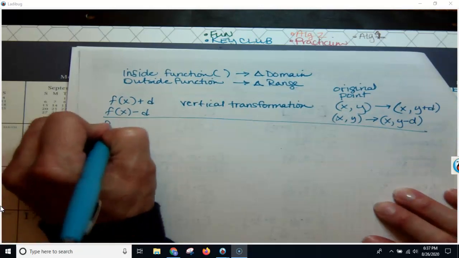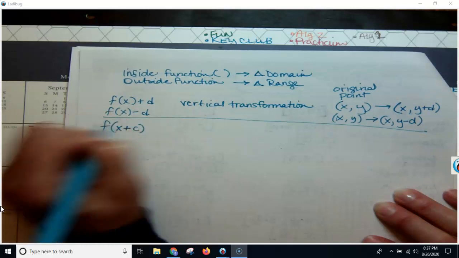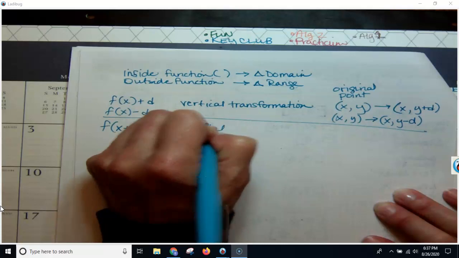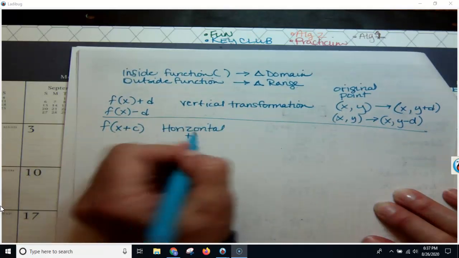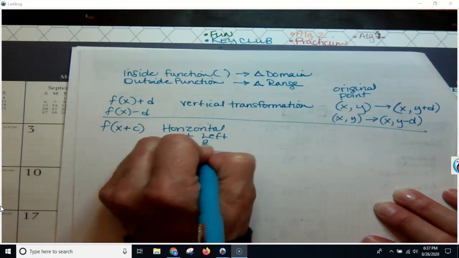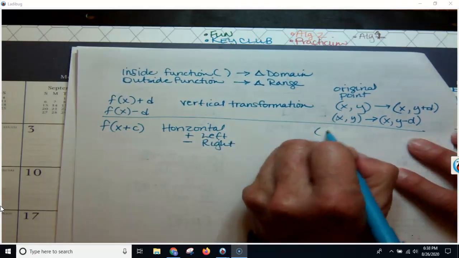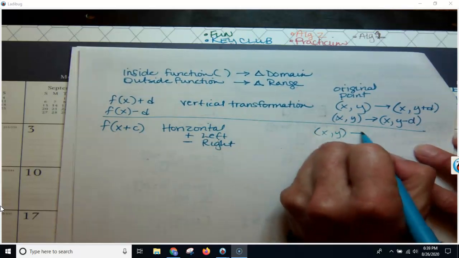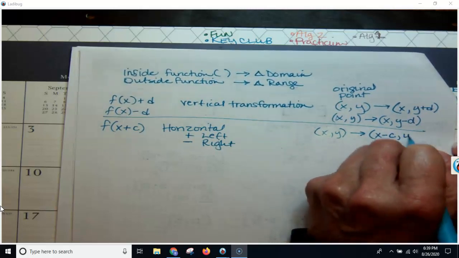Now we've got our horizontal transformations. So we've got x plus c. This is going to be a horizontal transformation. The plus c, remember, is going to go to the left. The minus c is going to go to the right. So your point x, y with a plus c would actually be x minus c, y.